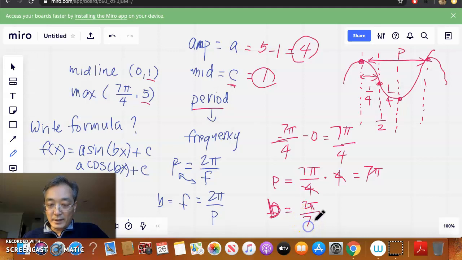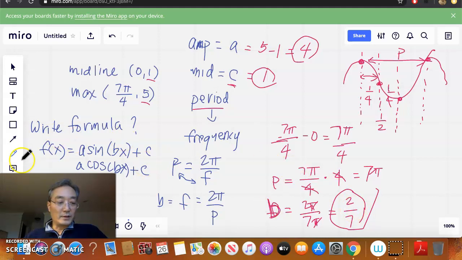Period is 7 pi. If we cancel out the pi's here, we're going to get the frequency is 2/7. So these are the 3 values that I need to write my formula.